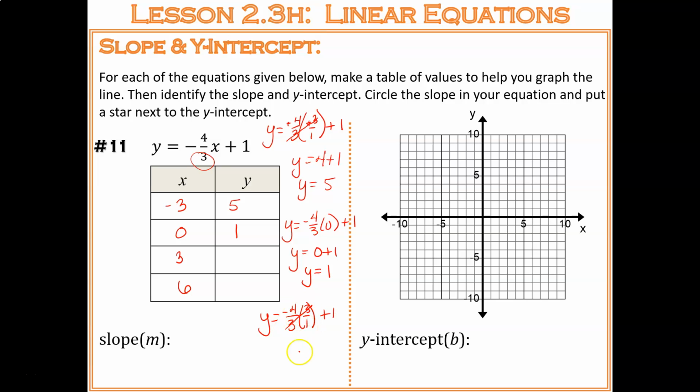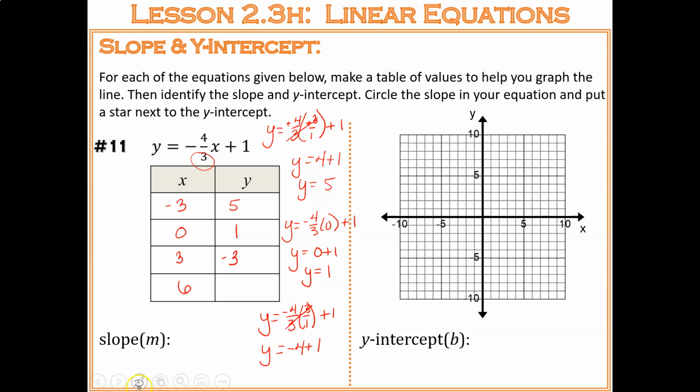So this time we have -4 left because a negative times a positive is a negative. So -4 plus 1 is -3.